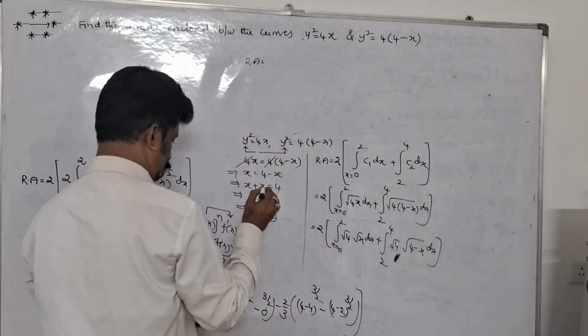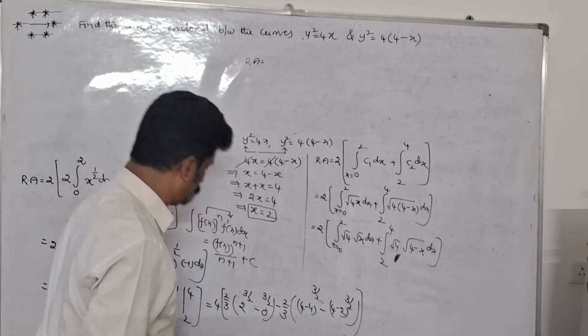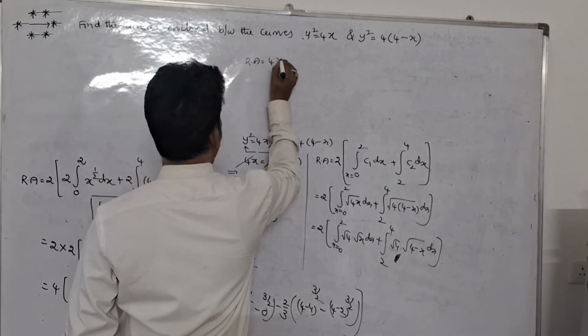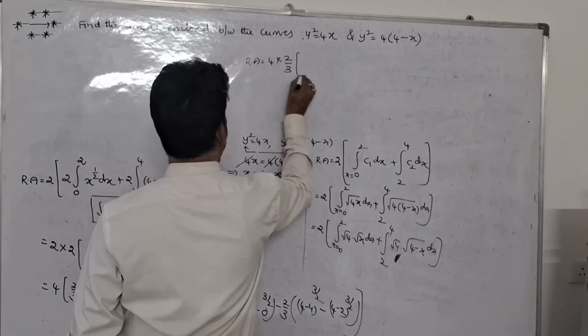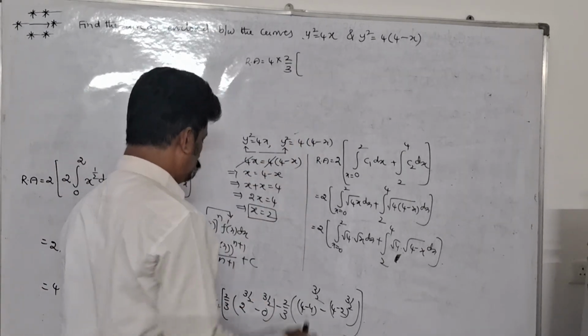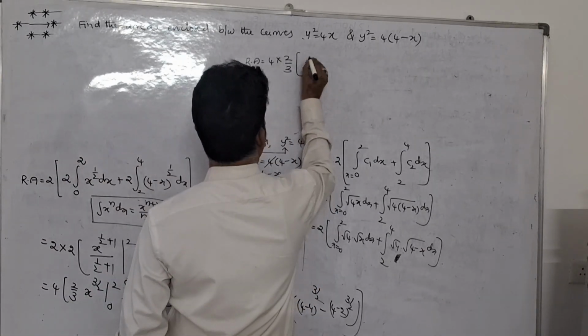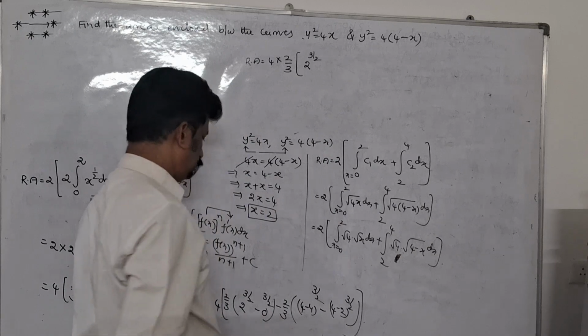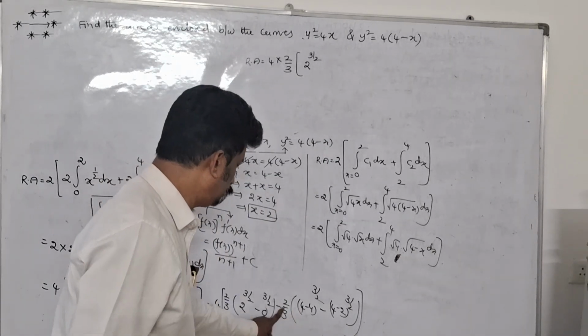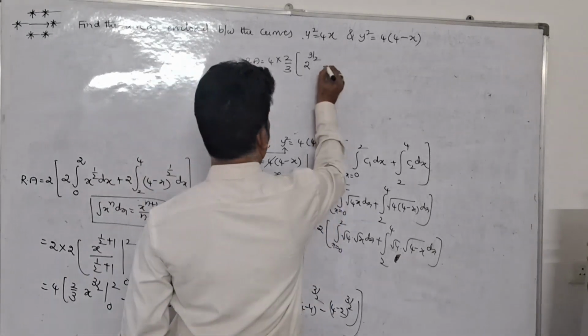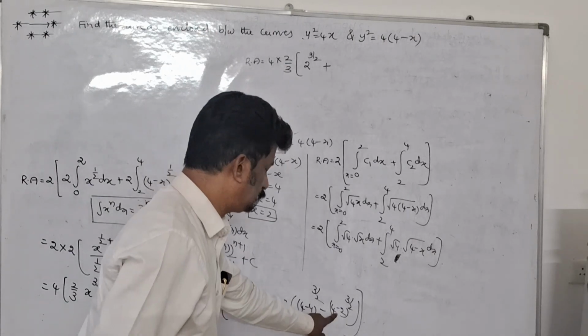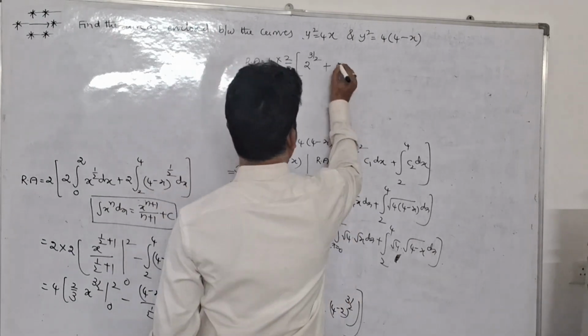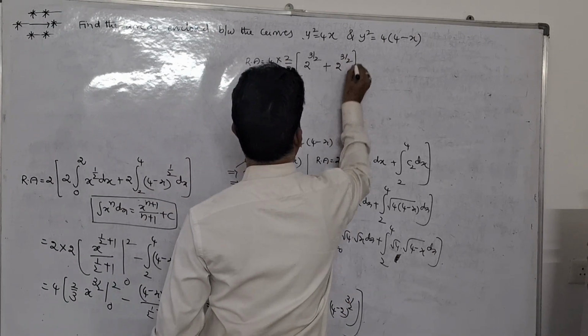4, 4 into 2 by 3 common. Yes, so 2 to the power of 3 by 2 minus this value 0, minus into 1 plus, okay, plus this one is equal to 4 minus 2, which is 2 to the power of 3 by 2.